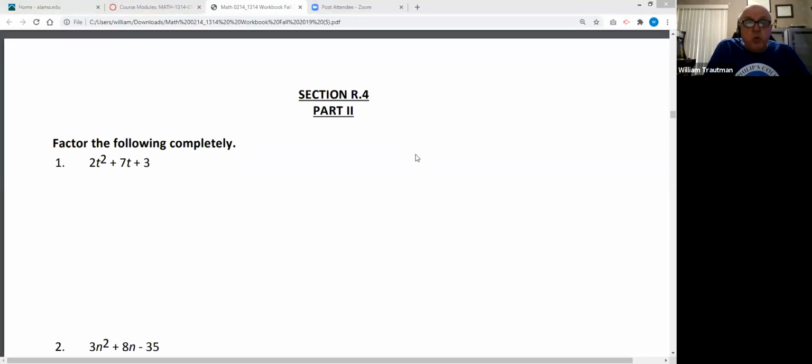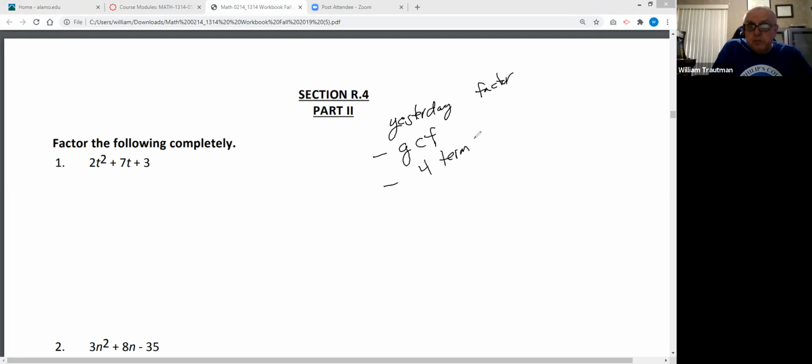All right, so we're going to continue with factoring. Yesterday we factored the GCF. I'm going to write this down here. Yesterday we did the GCF. What else did we do? We factored 4 terms.